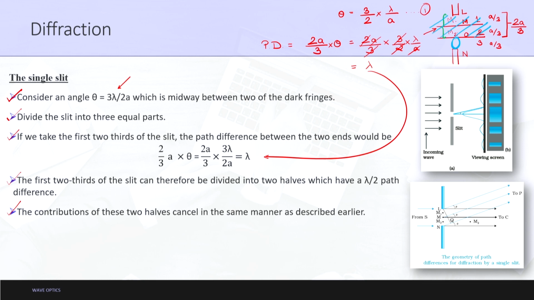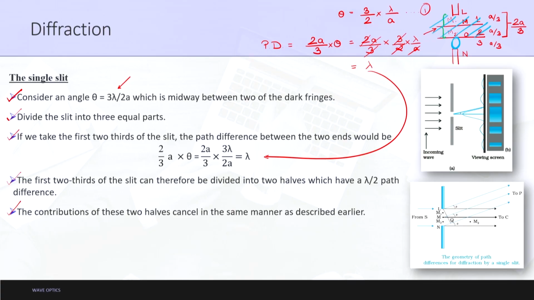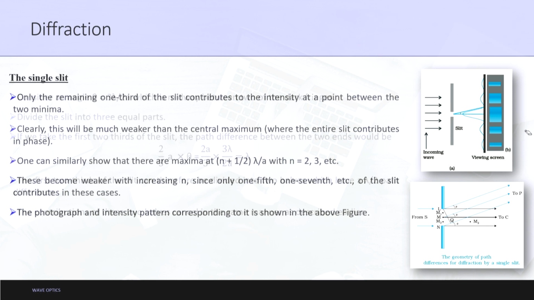Because for any point M1 in the first division there is a point M2 such that the path difference is lambda by 2, and we know that for destructive interference the path difference should be lambda by 2, hence it becomes a dark fringe. So this is the complete concept of why the intensity keeps decreasing as we move on. This was just a simple case of 3 lambda by 2a. Now what will happen if we keep on increasing?